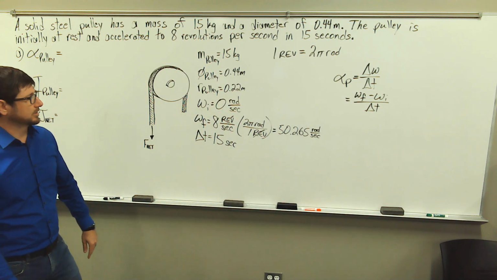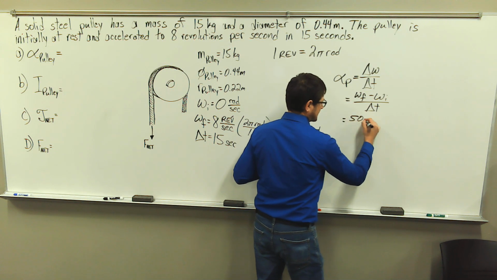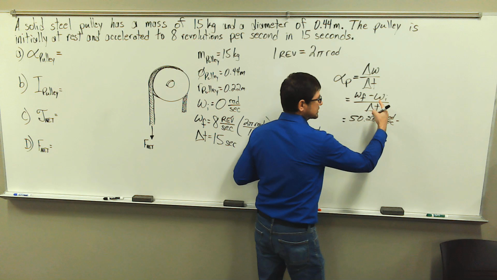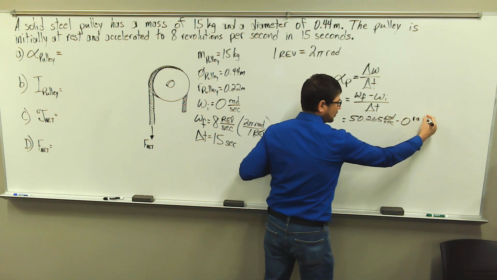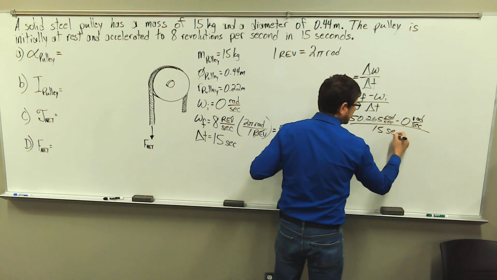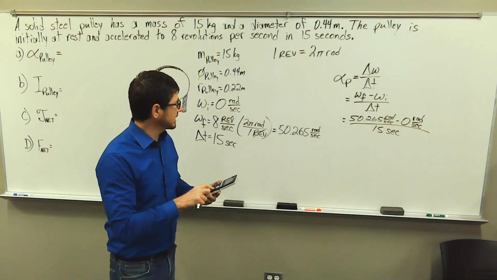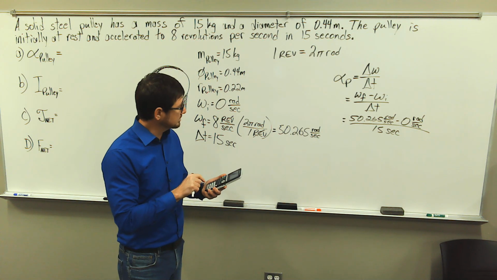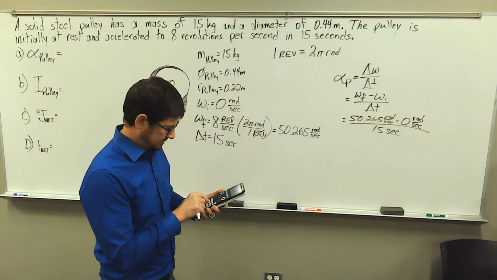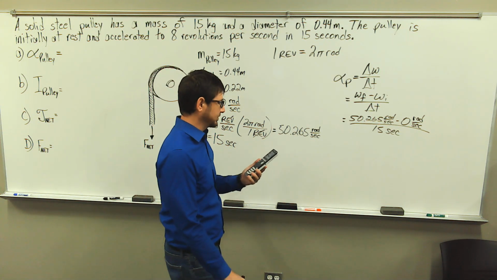So in my numerator, we've got 50.265 radians per second minus our initial angular velocity, which is 0 radians per second, and we're going to divide this by 15 seconds. So this should be slightly greater than 3. I've got 50.265 divided by 15, and that gives me 3.351.